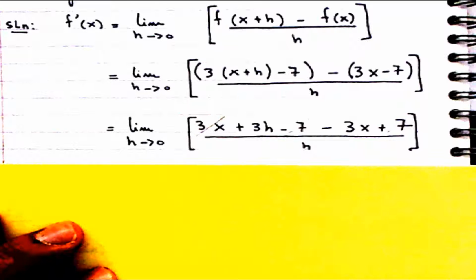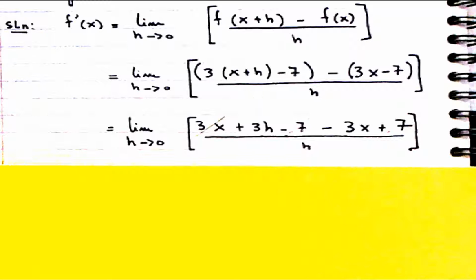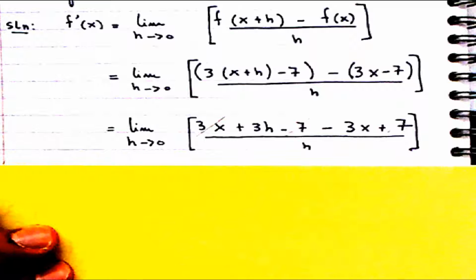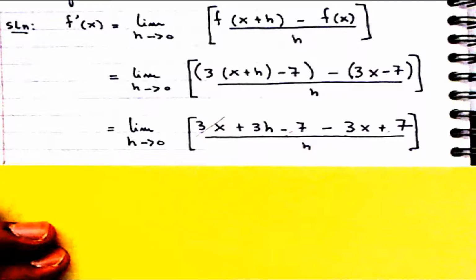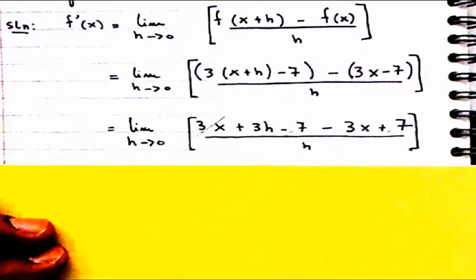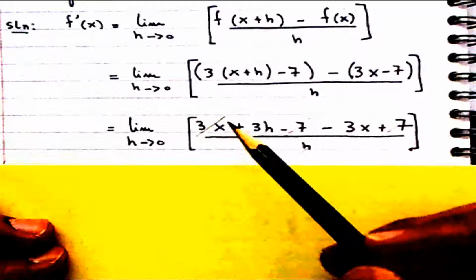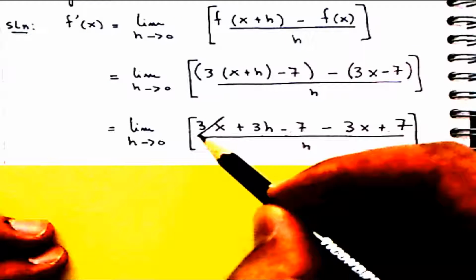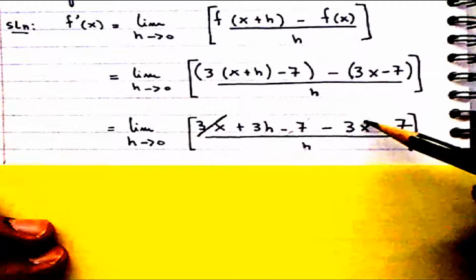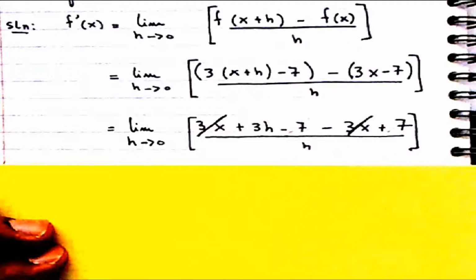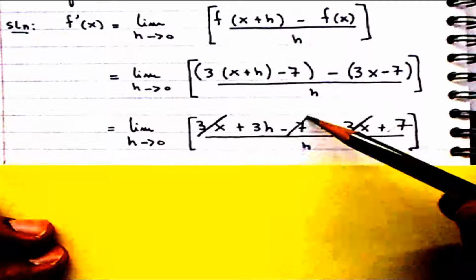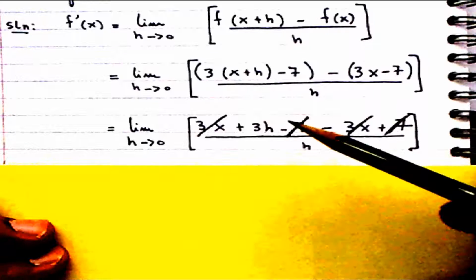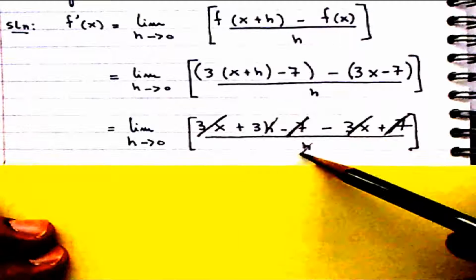Now, as I mentioned also in the past, this is the place where hopefully you will have things that cancel out. Well, look, I see 3x, I see 3x, I see 7, and I see another 7, and I see an h and an h.